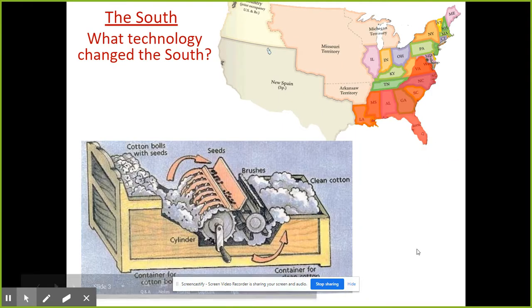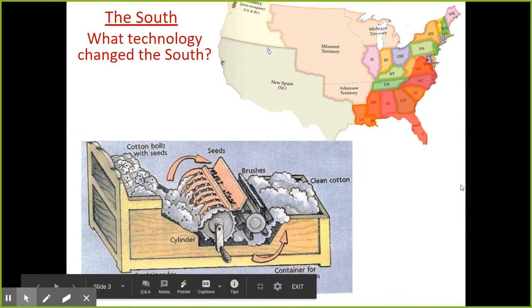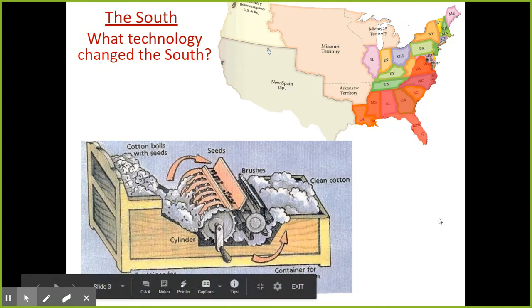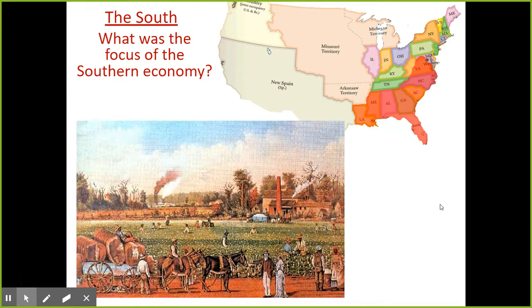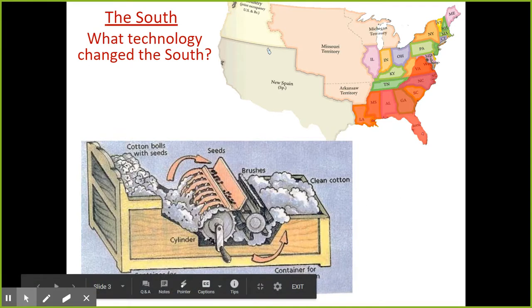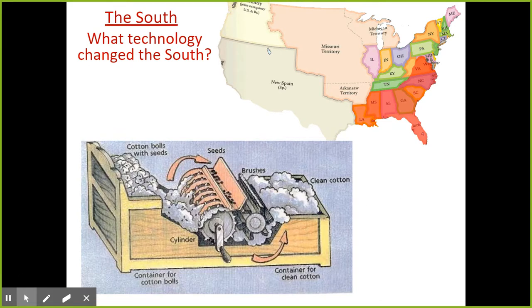First of all, we want to look at the South. What technology ultimately is going to change the South is the cotton gin. And the cotton gin is a really, really easy invention. I say easy in the sense that what it does is it takes the heavily laden cotton.